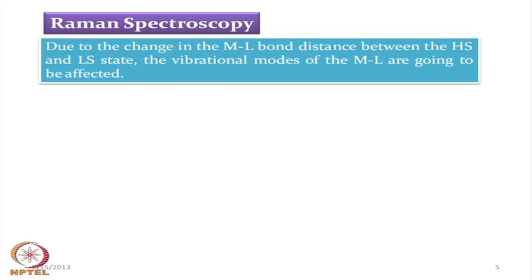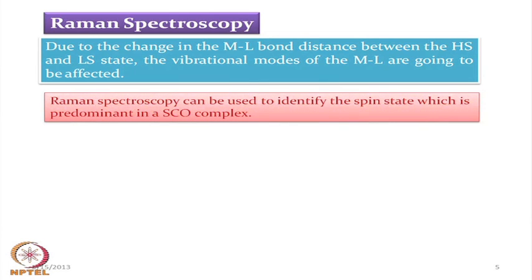So, this simple assumption is useful to tackle this complex situation for the spin crossover complexes by using Raman spectroscopy. It can therefore be used to identify the spin state, that is, which particular spin state is dominating in a SCO complex.